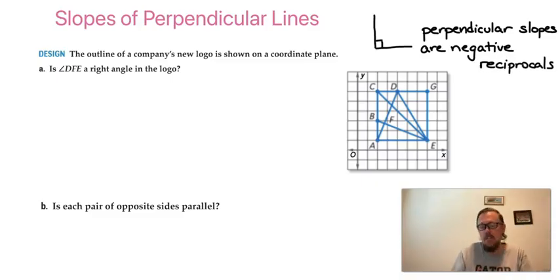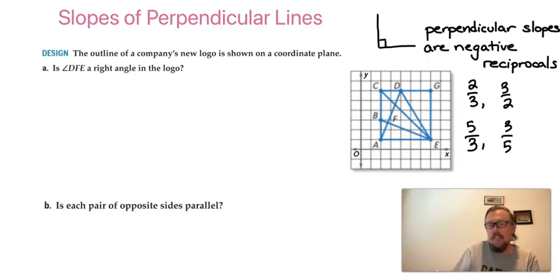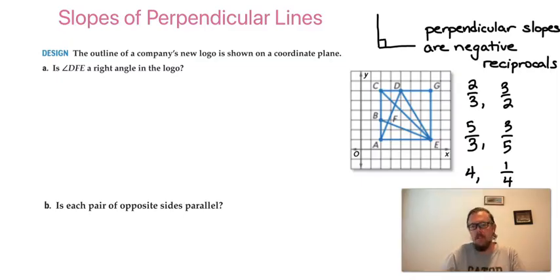So, for example, the reciprocal of 2/3 is 3/2, and the reciprocal of 5/3 is 3/5. And then we've talked about how to do the reciprocals of whole numbers. The reciprocal of 4 is 1/4, which means the reciprocal of 1/7 would just be 7, right? Those are reciprocals.